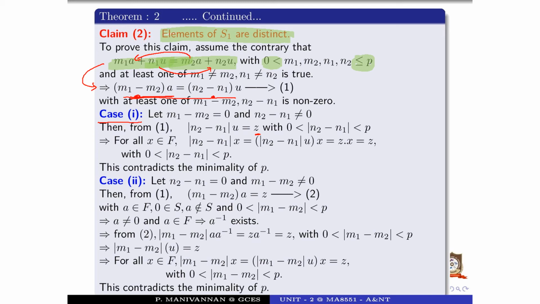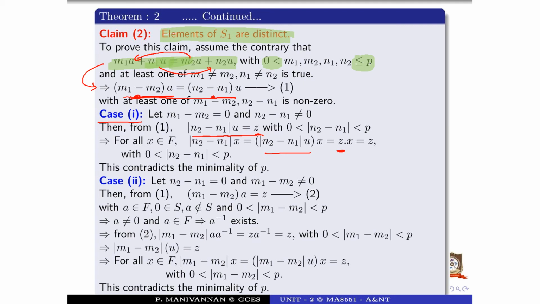For all x belongs to F, (n2 − n1)x is equal to (n2 − n1) into u, since u is the multiplicative identity. So multiply with u. Then what is its value? Here (n2 − n1)u is 0.